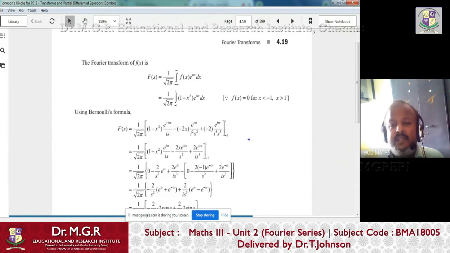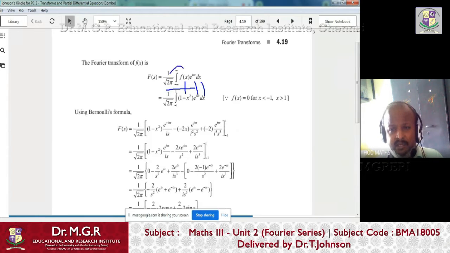So by definition, what is the Fourier transform? Here the author takes 1 by root 2 pi in the Fourier transform definition itself, so I put 1 by root 2 pi. What is f of x? 1 minus x square. e power isx is in the formula, dx is also in the formula.